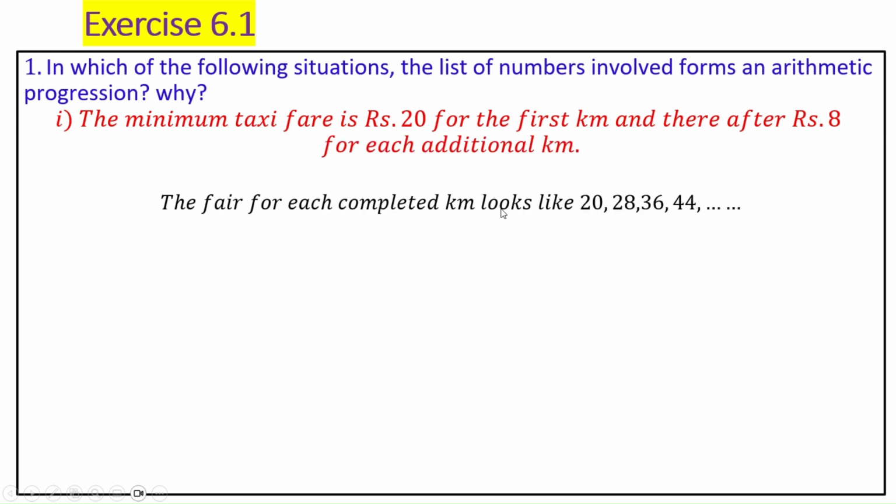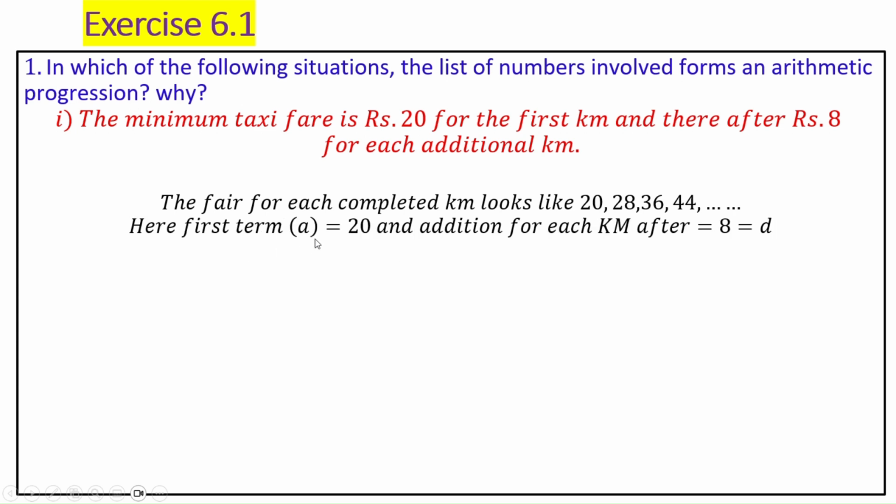So if you make a series of this information, first is 20 rupees and then 8 rupees addition for each additional kilometer. So 20, 28, 36, 44, like this it will go. So first term a is 20, and the common difference is always 8, correct? So this is in arithmetic progression.